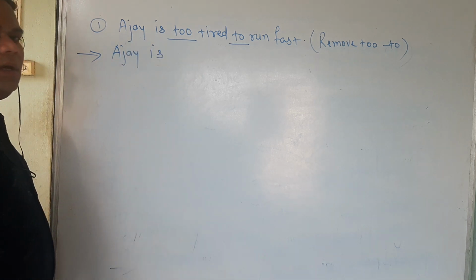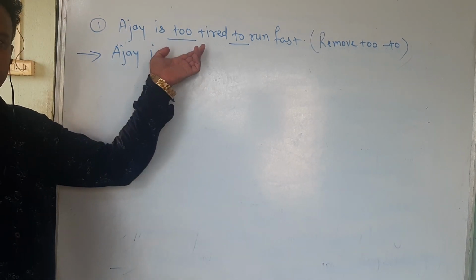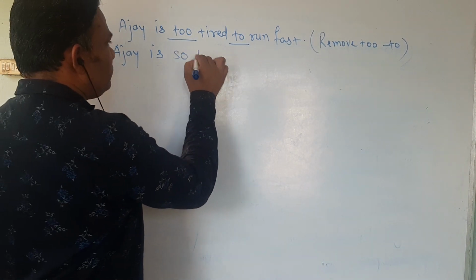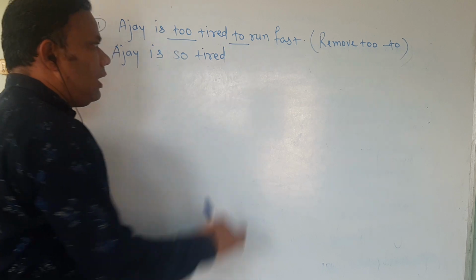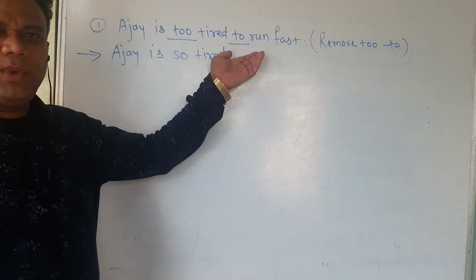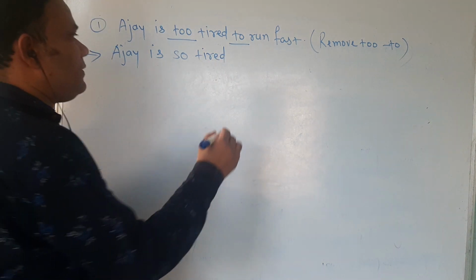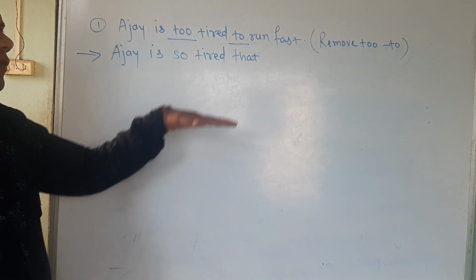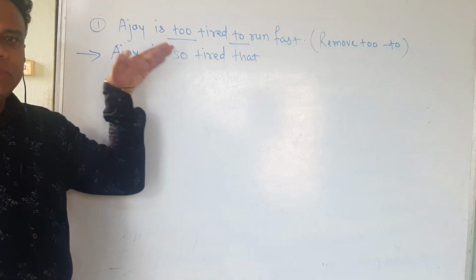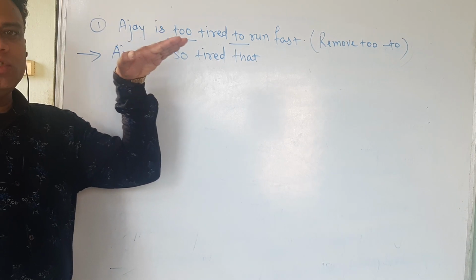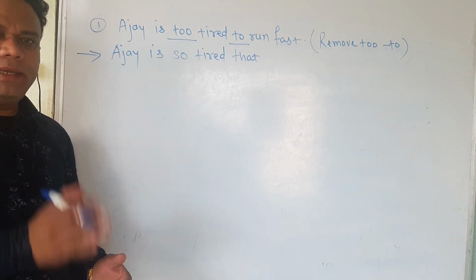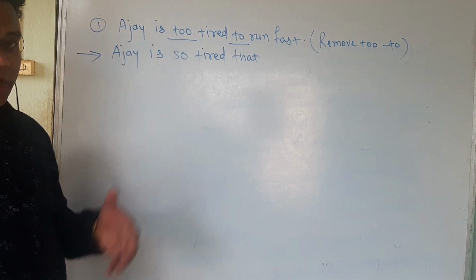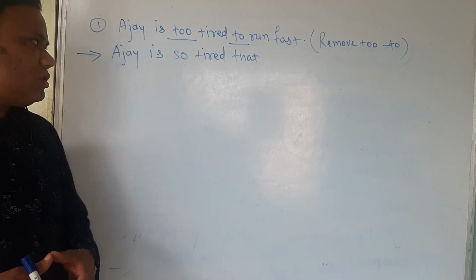Ajay is TOO2 we have to replace with so, and TO2 we have to replace with that. Now after using that, according to the subject of the sentence, we have to use one of these pronouns, he, she or they. For Ajay, which pronoun we are going to use?